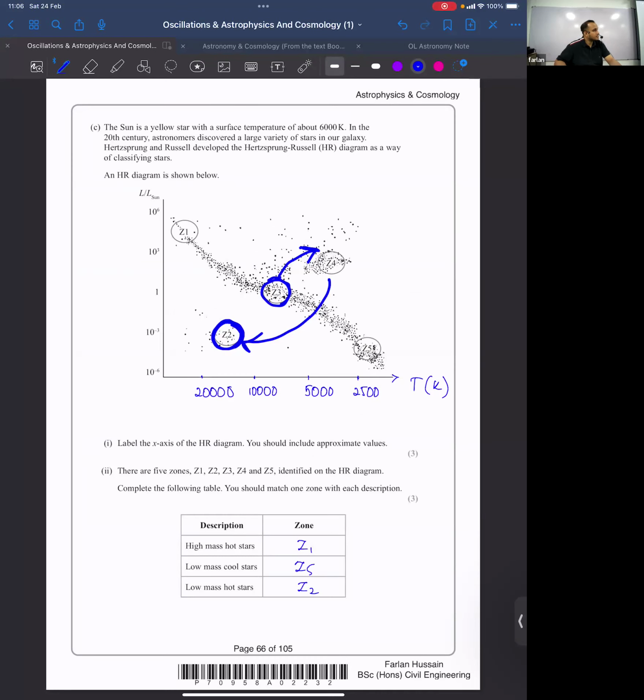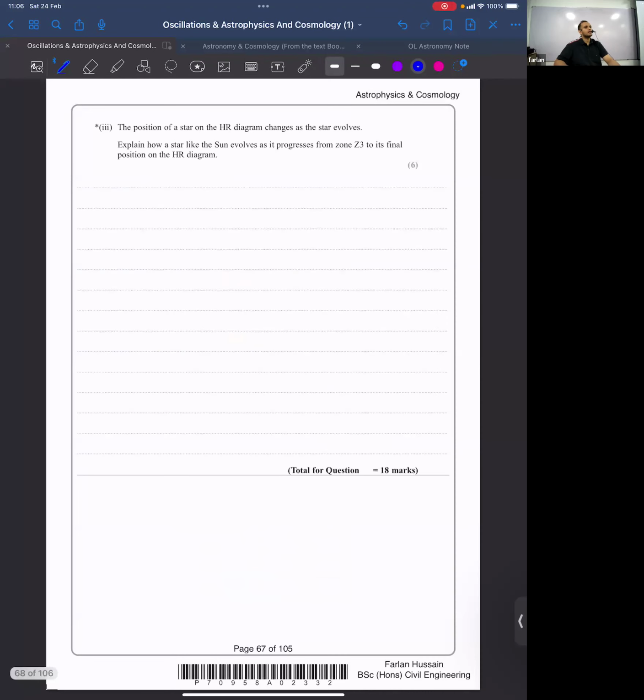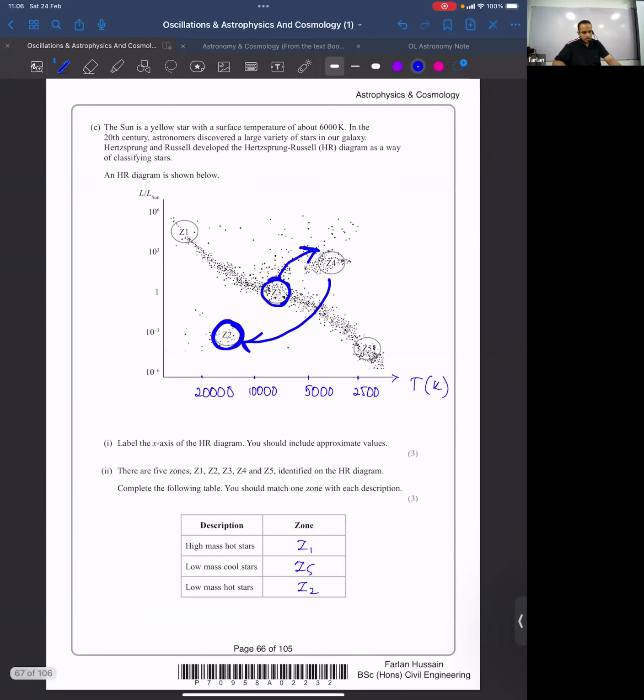It will become a red giant, and come to zone Z4 in the diagram.